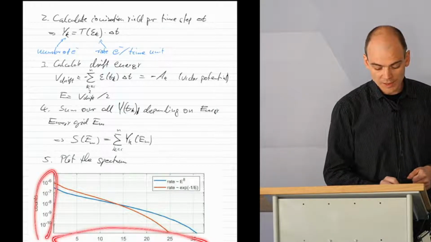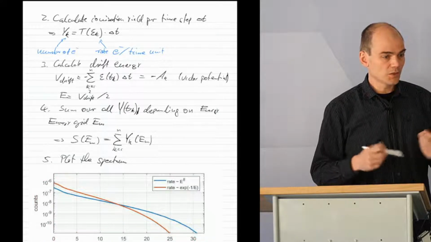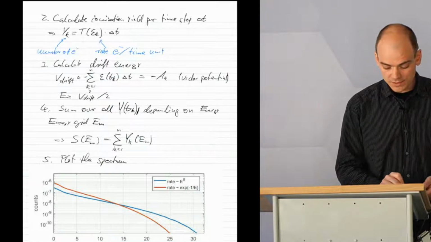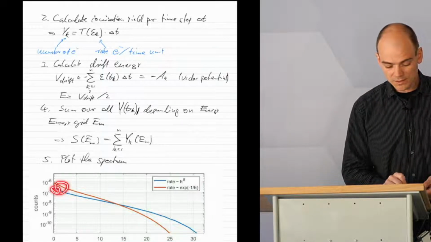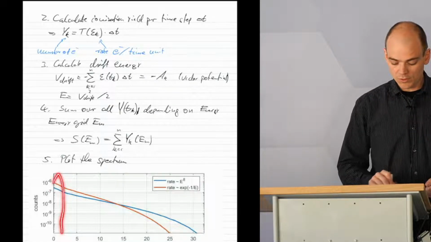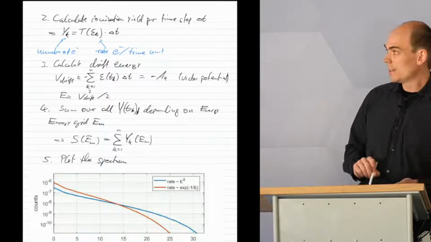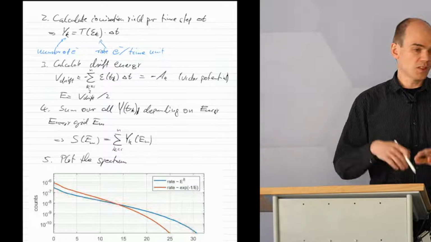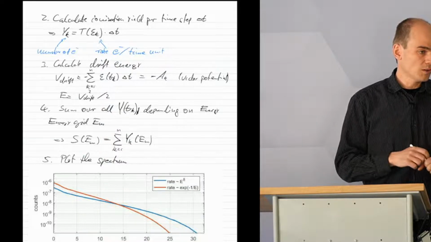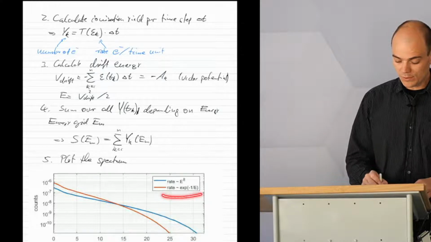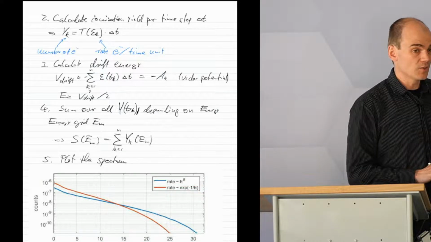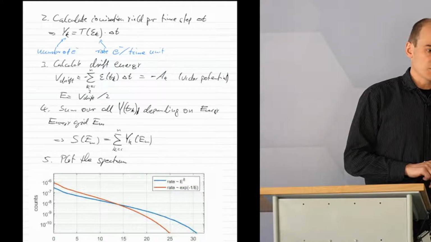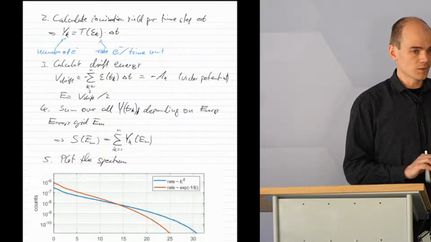This is the energy of the photoelectron, the drift energy. And you see there are many electrons here at low energy, few at high energy. And I used here two different rates. One is the assumption that it's simply described by a power series, and the other one is a more accurate tunnel rate, which we will derive in the next lecture next week.